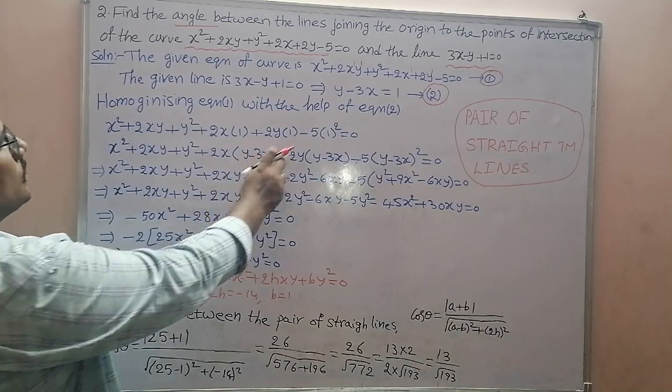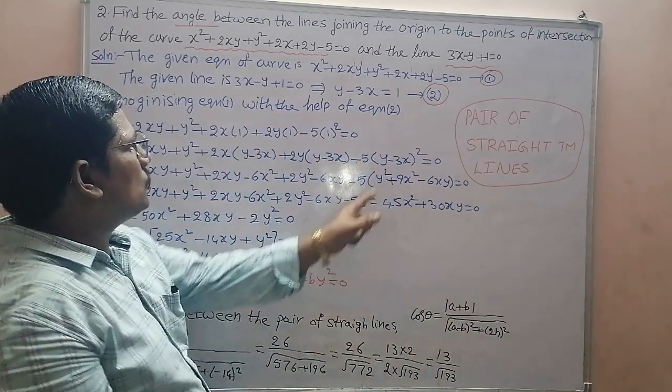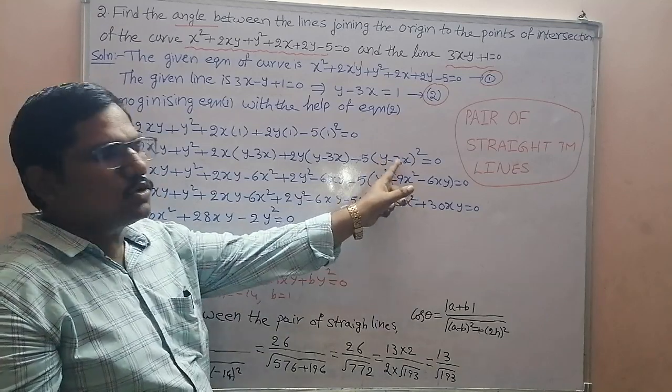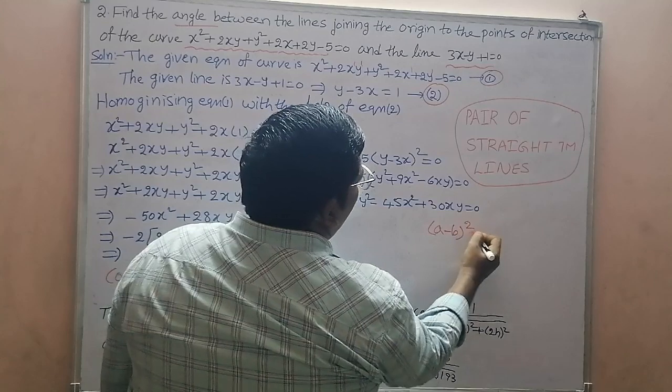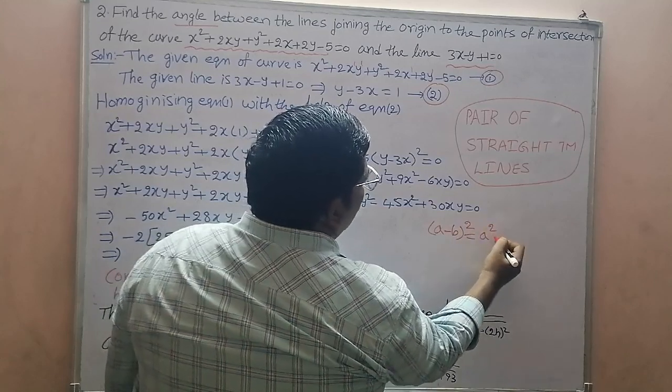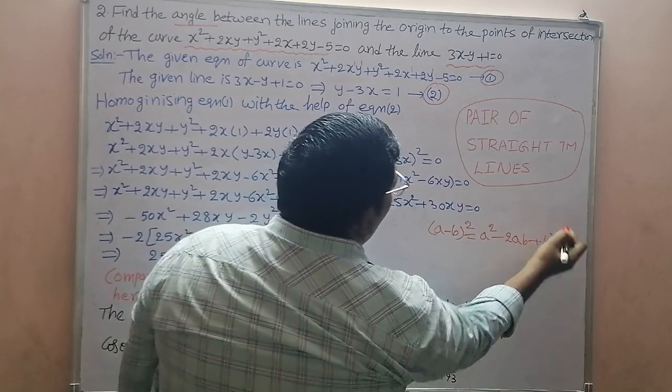Equation 2 gives 1 equals y minus 3x. Replace this value in place of 1: y minus 3x, y minus 3x, and y minus 3x whole square. This is in the form of a minus b whole square, which equals a square minus 2ab plus b square.